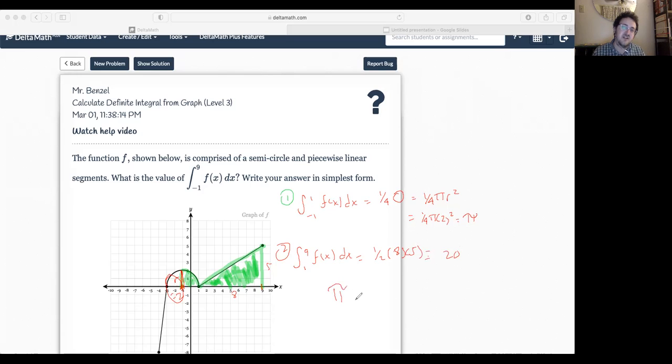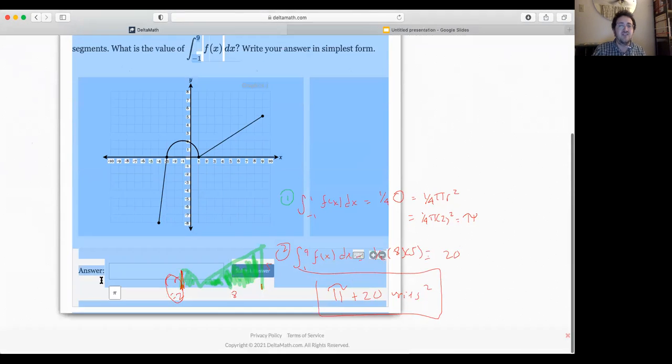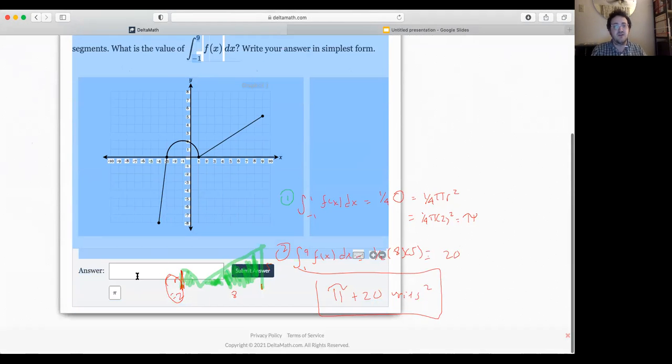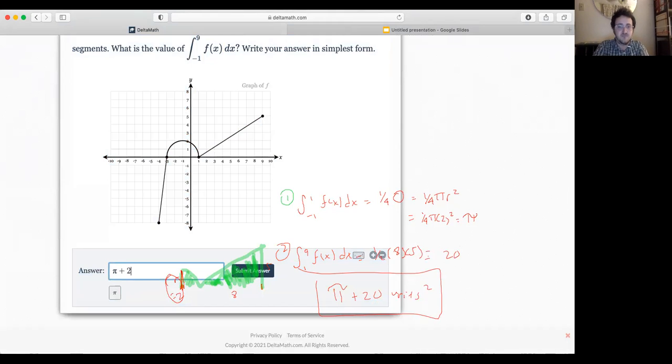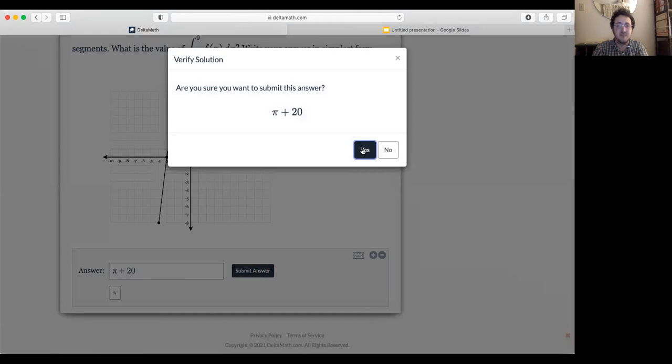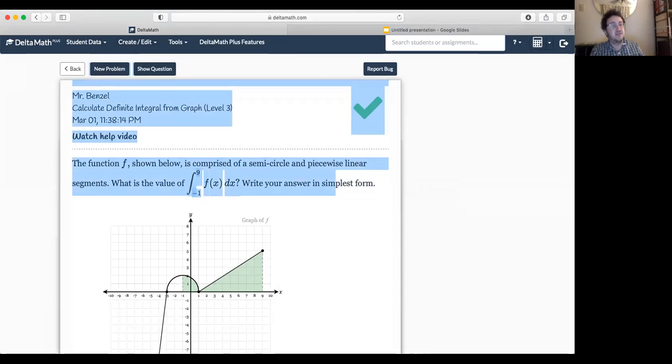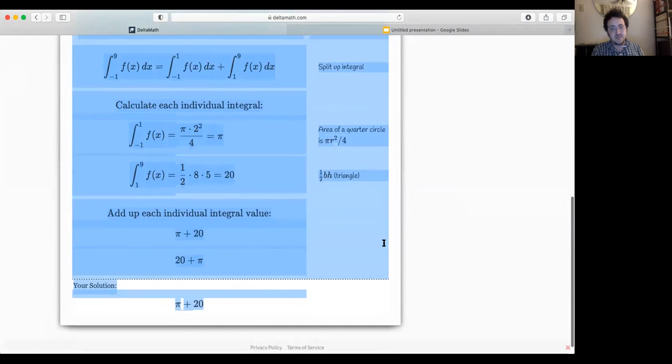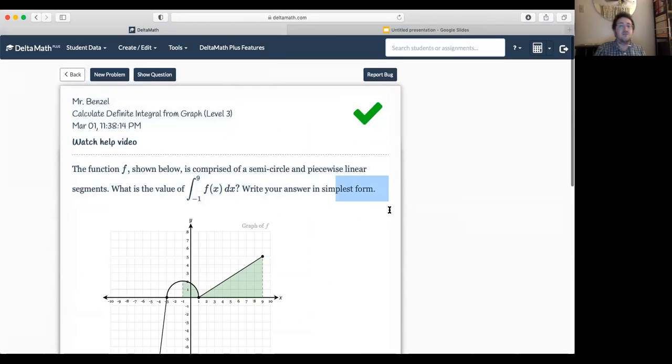And we could even just write this as pi plus 20 units squared. And I believe that would be a pretty friendly format for Delta Math. So we'll write pi plus 20. And there we go. So they do like answers in terms of pi on some of those for the level 3s.